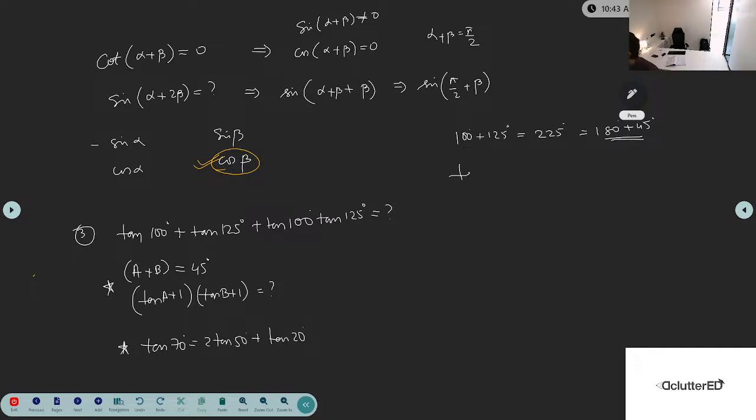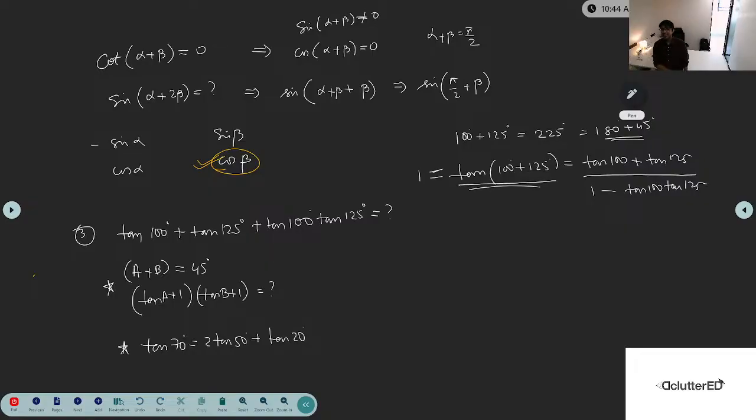So what I'm going to do is I'm going to write this as tan of 100 degrees plus 125 degrees is equal to tan 100 plus tan 125 by 1 minus tan 100 tan 125. And this is equal to tan 225 because tan is positive in the third quadrant and we are working with supplementary angle of 180 plus 45. So it's equal to tan 45.